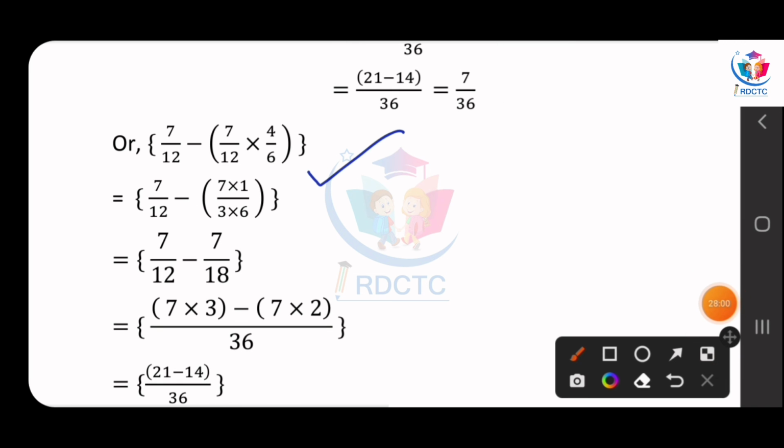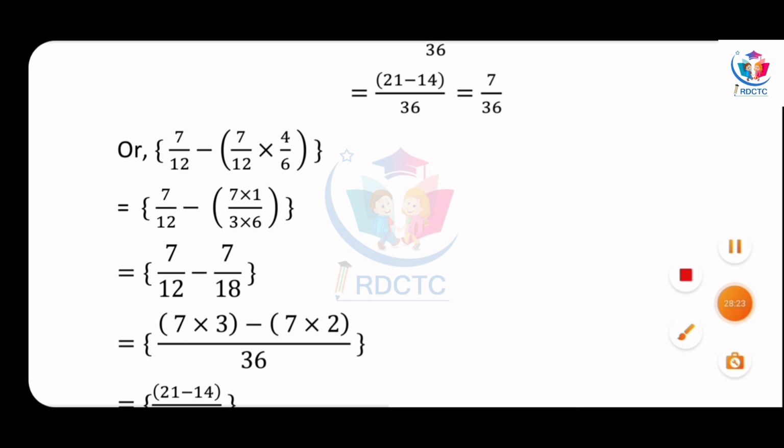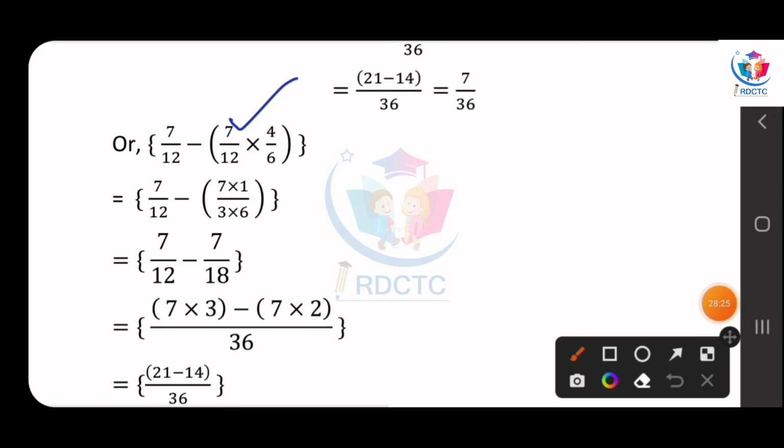Second bracket 7/12 minus first bracket 7/12 into 4/6. Right? And we solve the question according to the simplification rule. How do we solve the question? First we solve the first bracket, and after cutting the numbers we write 7 into 1 and 3 into 6. Now we multiply all the numbers, and after multiplying we get 7/18.